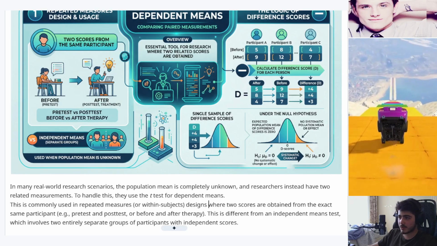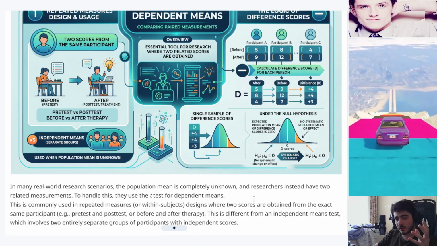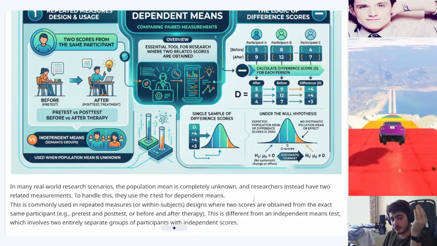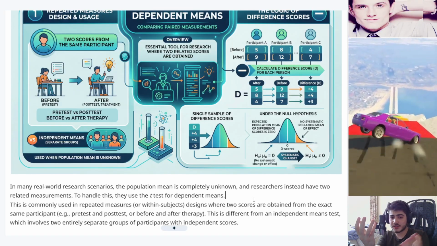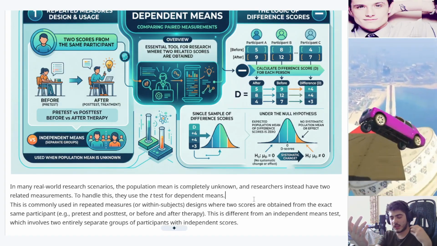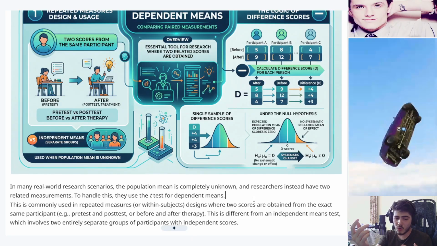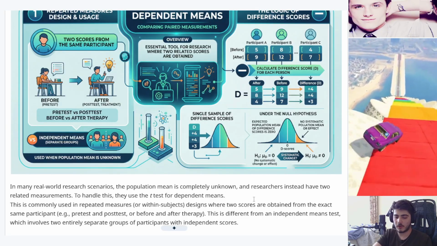The null hypothesis for this one is 0, because we are going to be comparing the different scores to something. And that something is going to be 0, because the hypothesis always assumes the most boring, most normal thing ever.